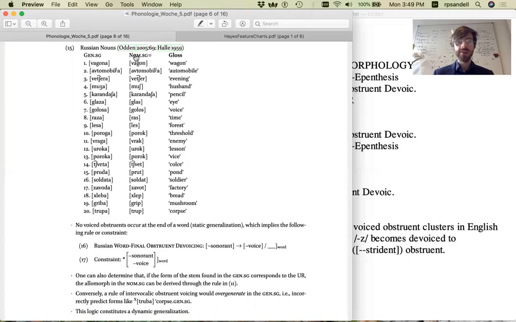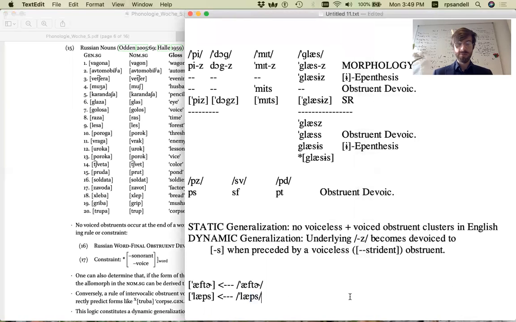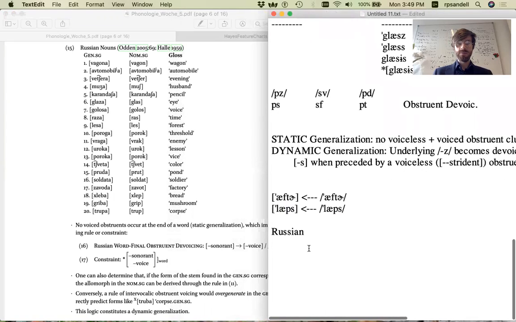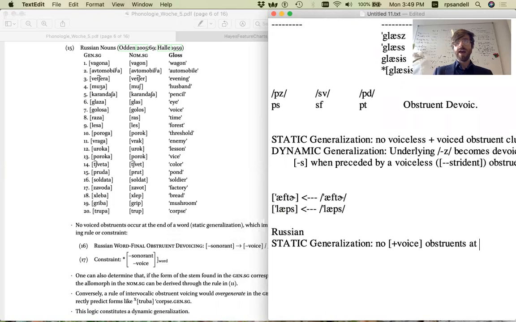If you look at all of the data in the nominative singular, if you look at the last segment of the word, you can make a static generalization that there are no voiced obstruents at the end of the word. So in Russian data, we have a static generalization. There are no voiced obstruents at the end of a word.